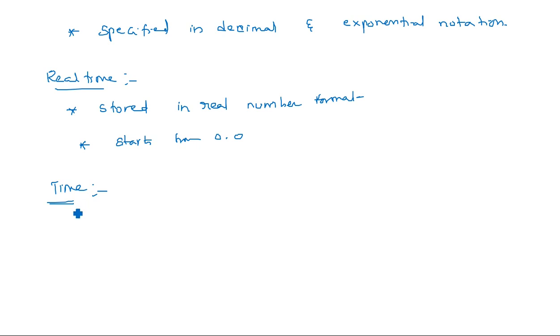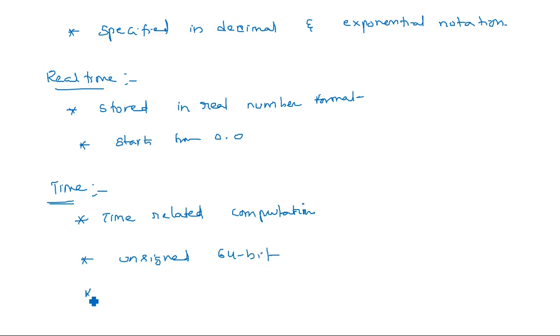It supports time related computations within the procedural statements, and is stored as unsigned 64 bits of information, and starts at 0. Okay, this is what the data types are. Thank you.